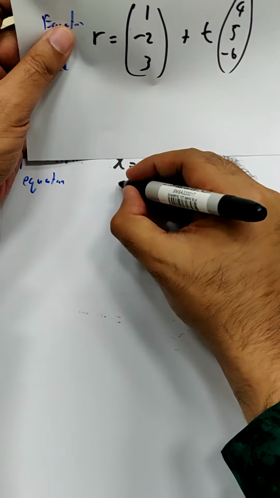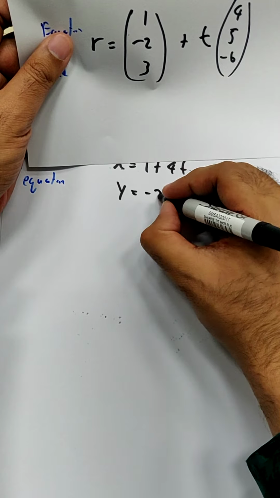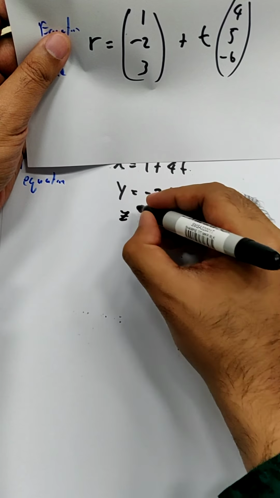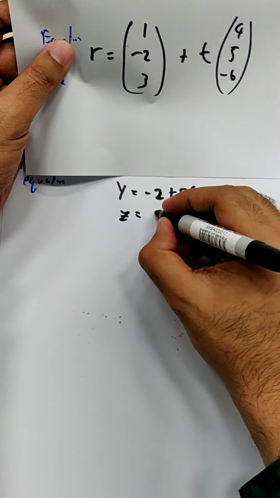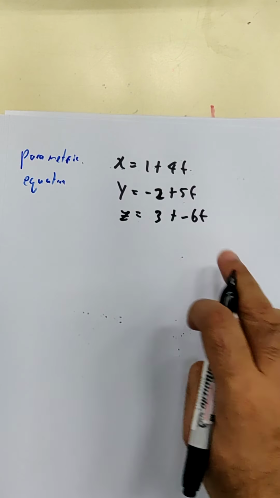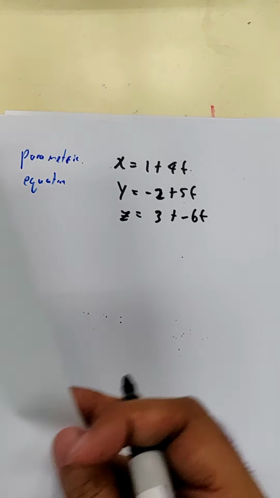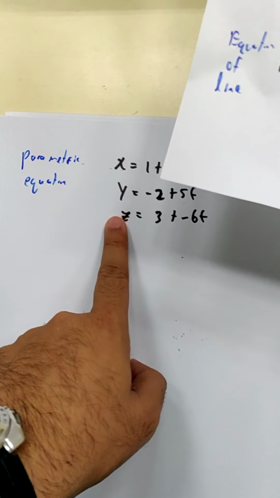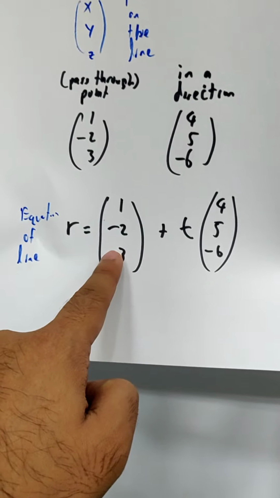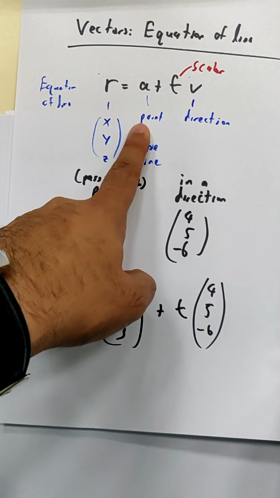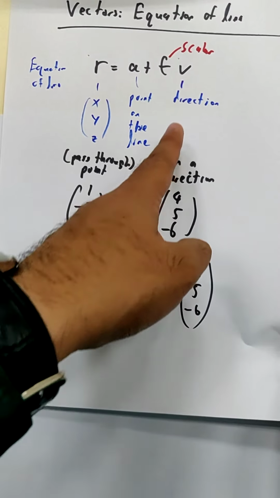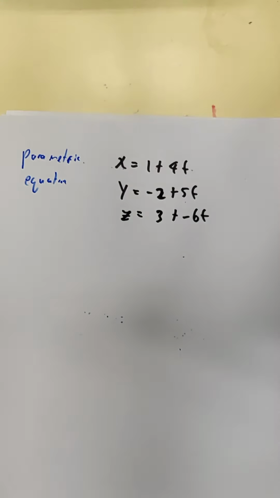Basically, you break it down. y equals -2 plus 5t. z equals 3 plus -6t. I can write it down like that. Are you okay? How do I change this one to this one? Let me remind you again, this is a point on the line, A, you can say that. What is this? The direction, or at least it moves in that direction.